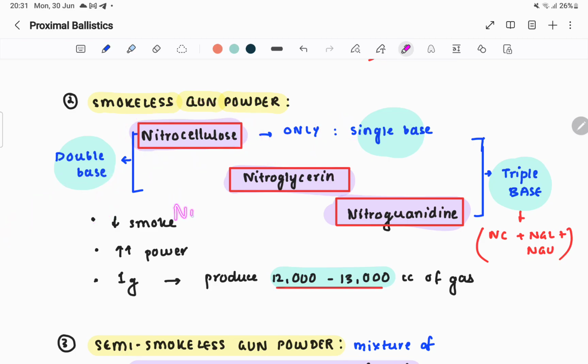If it has nitrocellulose plus nitroglycerin, it is called double base gunpowder. If it contains nitrocellulose plus nitroglycerin plus nitroguanidine, it is called triple base gunpowder. NC, NGL, NGU.